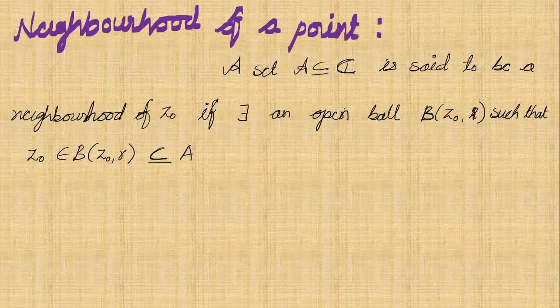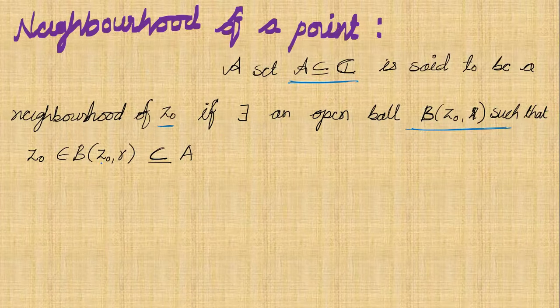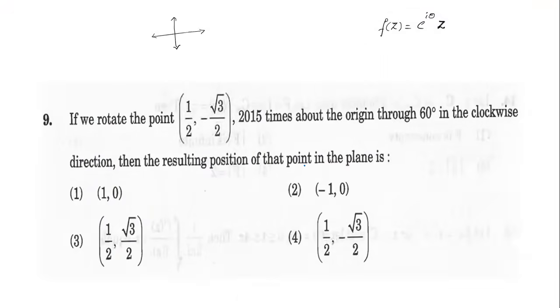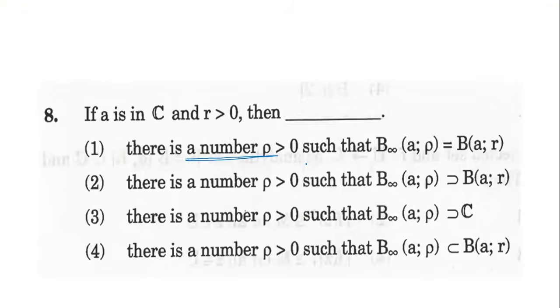Neighborhood of a point: a set A, a subset of C, is said to be a neighborhood of z0 if there exists an open ball B of z0, R such that this number belongs to B of z0, R subset of A. Now here, this is true in the case of the fourth option.